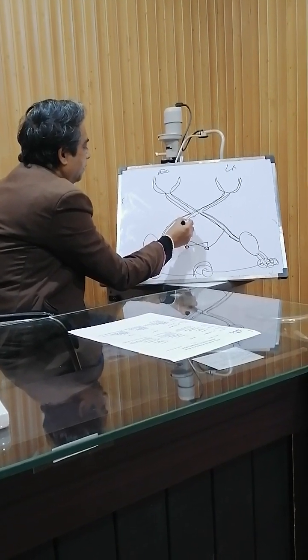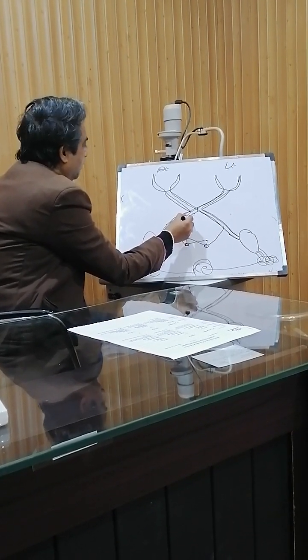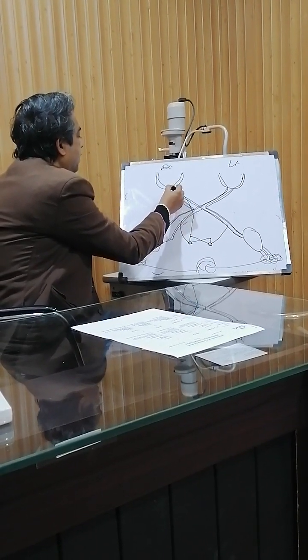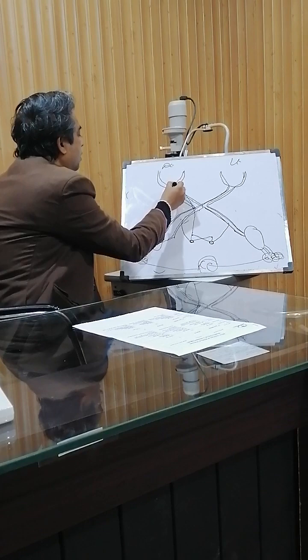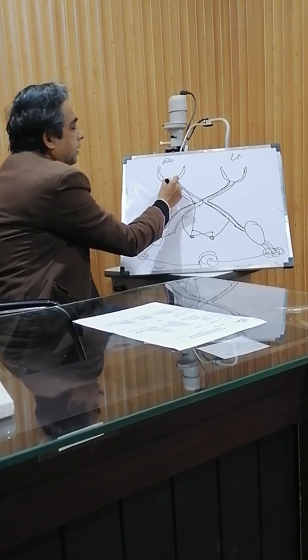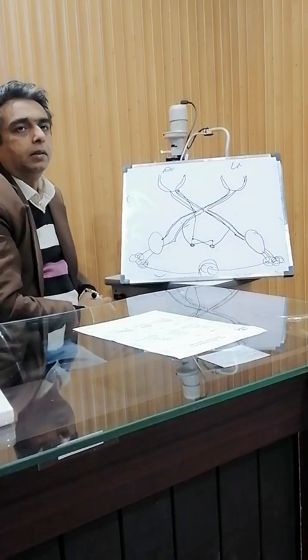And this third nerve, which is the efferent nerve, goes into the ciliary ganglion, which is a small ganglion just behind, actually in the center, behind the eyeball.